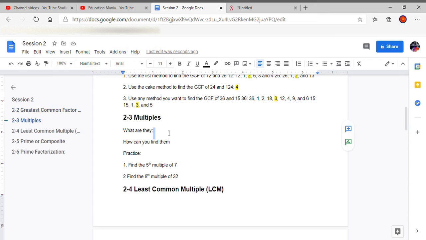Now we can go on to 2-3, multiples. What are they? Multiples are the numbers that another number is divisible by.